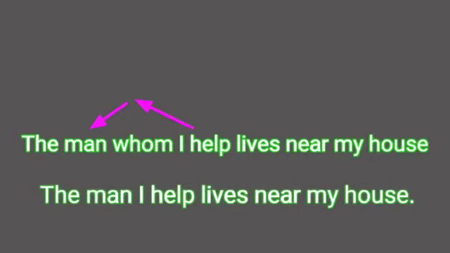The man who I helped lives near my house. In this sentence, we can see that the man is the object of the word helped. So in this sentence, we can omit the relative pronoun who. So we can say, the man I helped lives near my house.